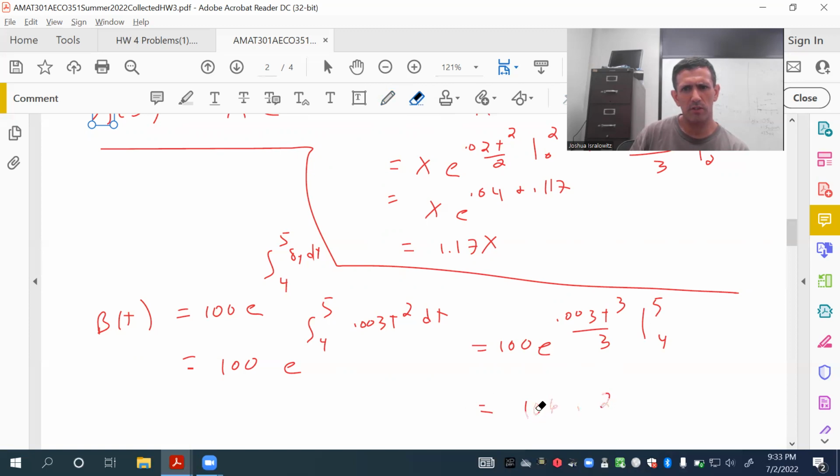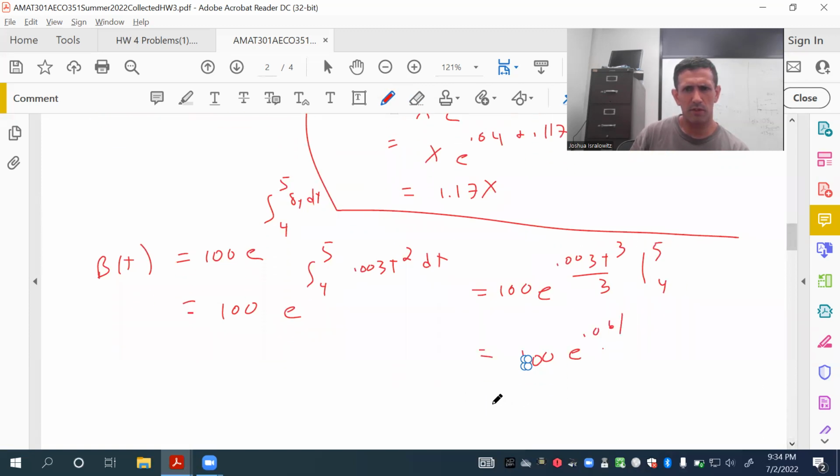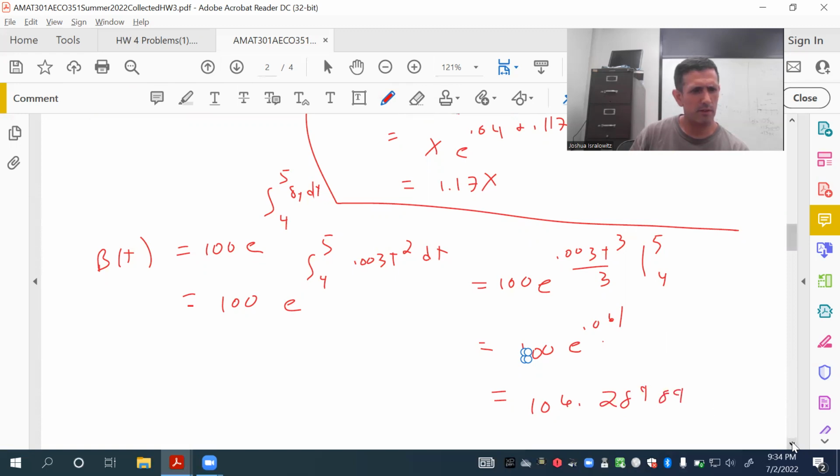I'll just write this, if you want to check your answer. 100 e to the 0.061 is 106.28989.